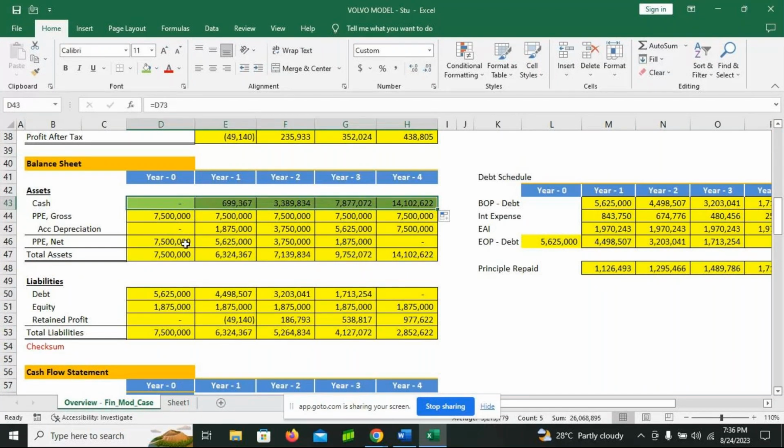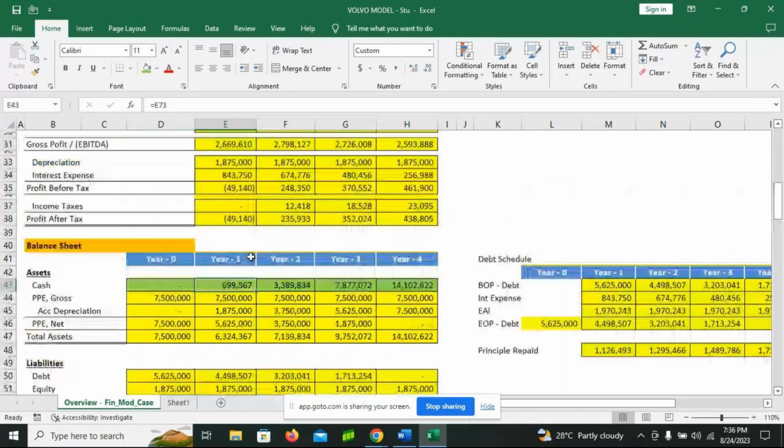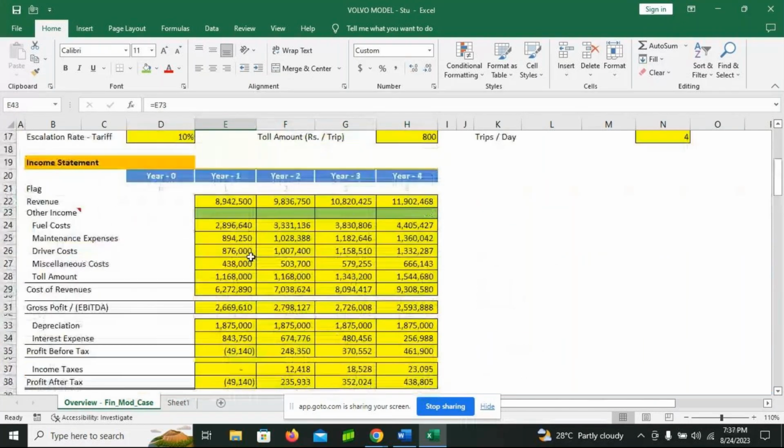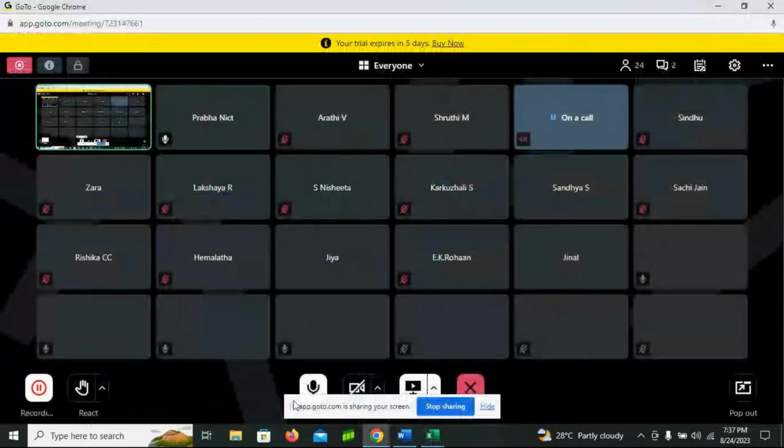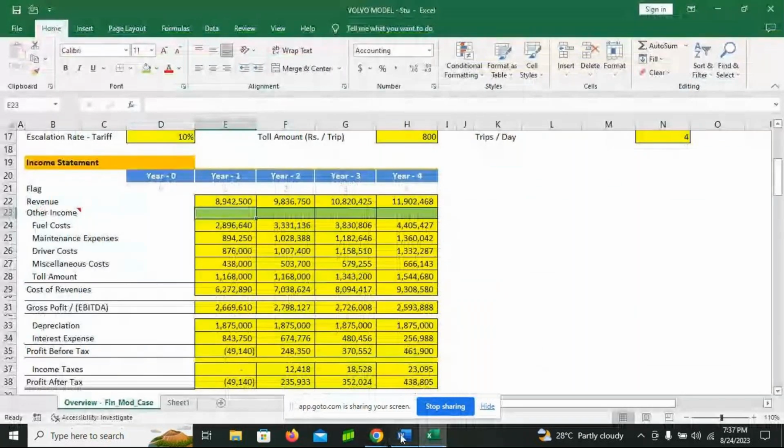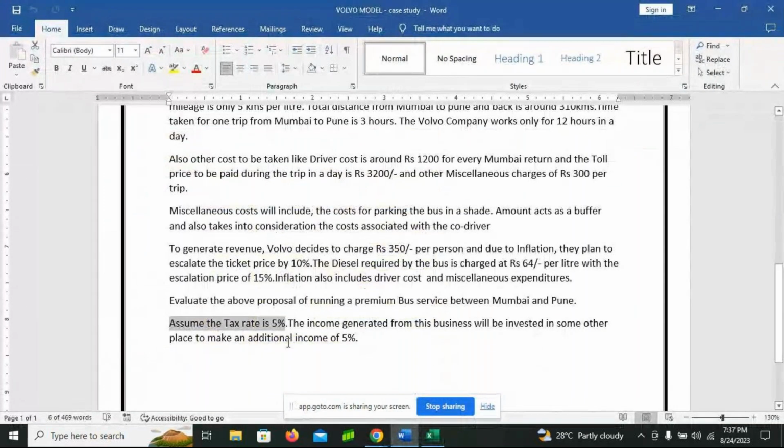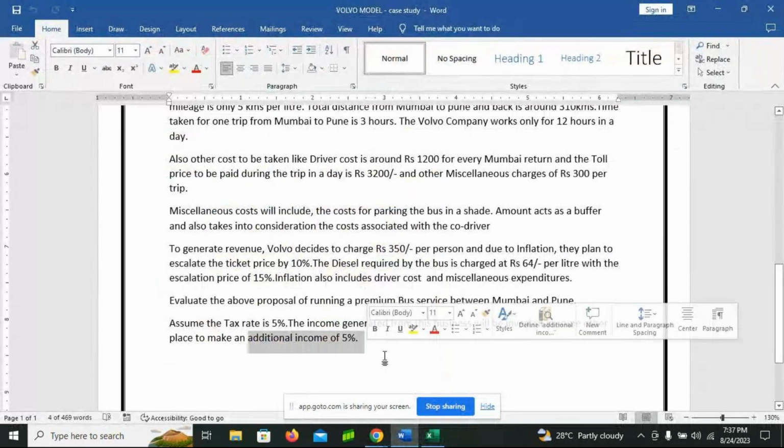So D73, I have taken my cash here. So here other incomes. The other incomes they have said is additional income by 5%.